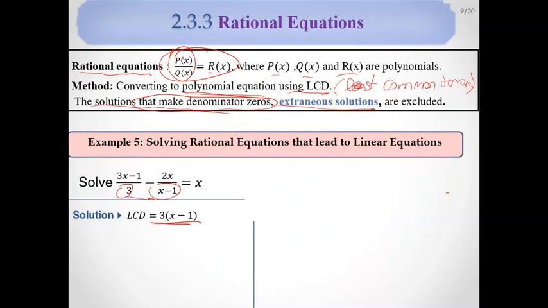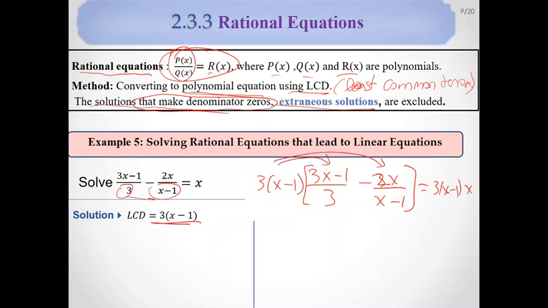The next thing now is to multiply both sides with this LCD. So you multiply, and what happens is 3(x minus 1) times (3x minus 1) divided by 3. You will get some cancellations here.